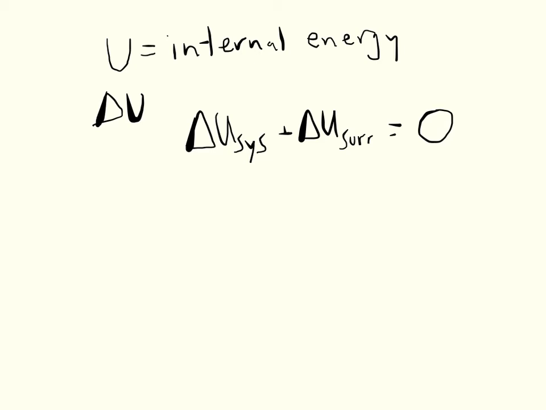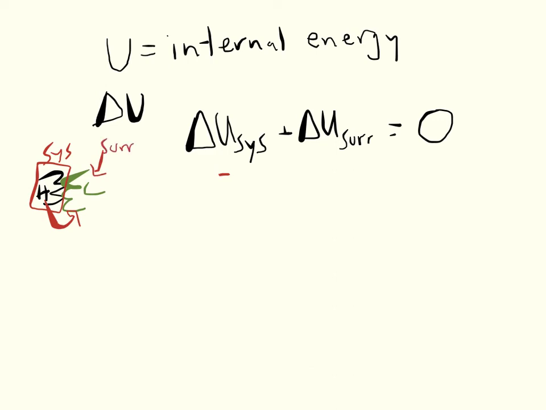So think about this, right? If we had our hot hand and our cold hand, and we define the hot hand as the system, we know that the hot hand is going to lose heat. This number is going to be negative. At the same time, the surroundings, the cold hand, is going to gain that same amount of heat.